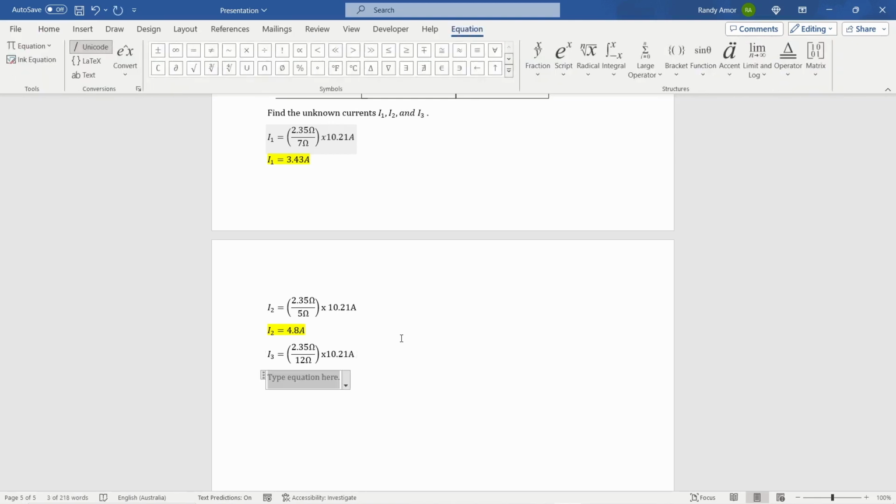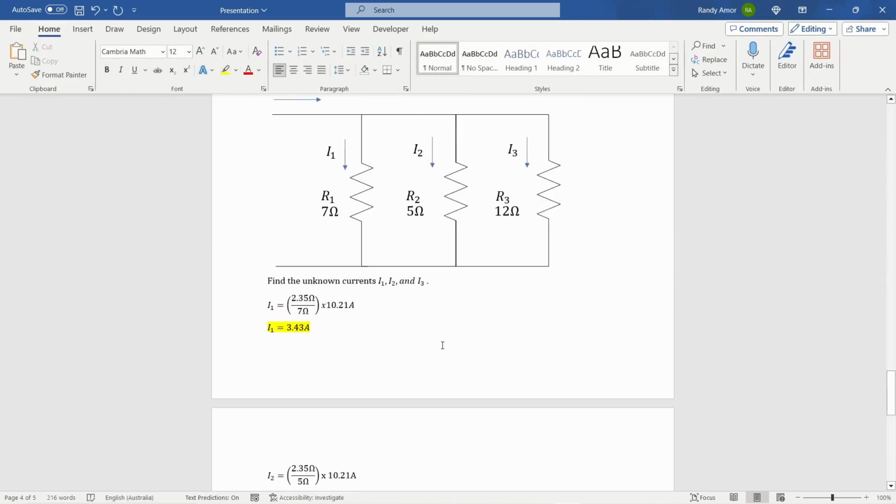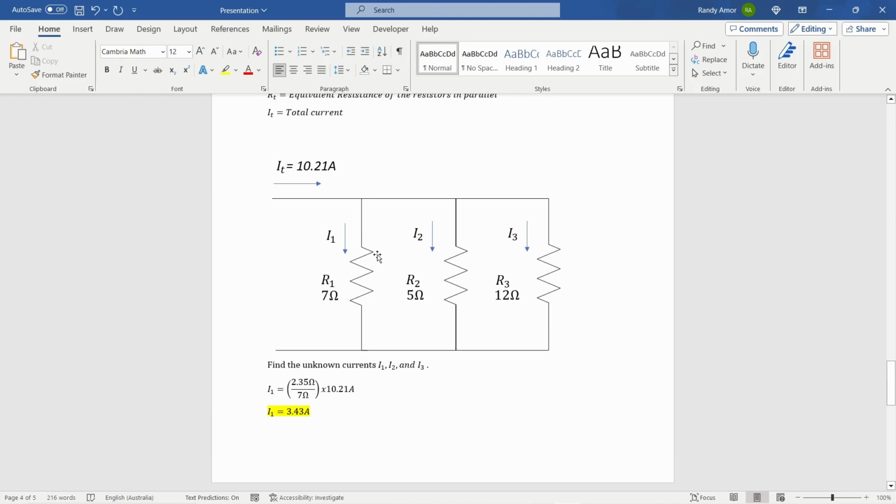So that will be equal to 2 amperes. Okay, so that's how you find currents through resistors using the current divider theorem.